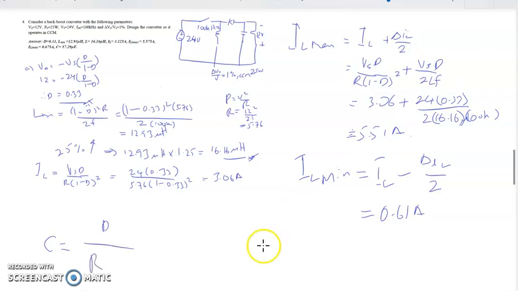Means that if, let's say, we still use the minimum here, 12.93, the IL min should be 0. But when we increase another 25%, IL min increases above 0 to become 0.61 ampere. Means at any load the current should be positive and continuous.